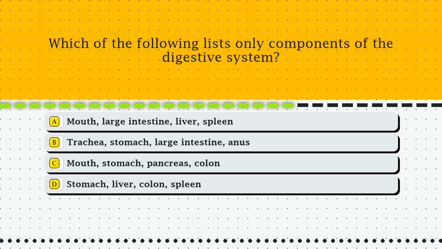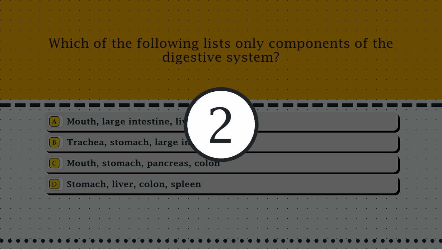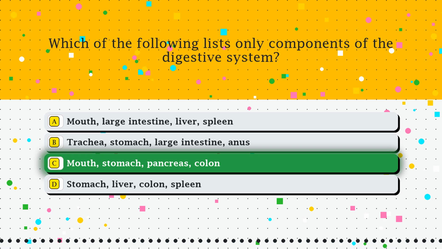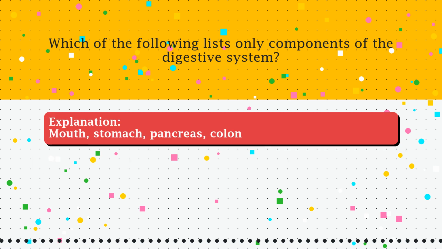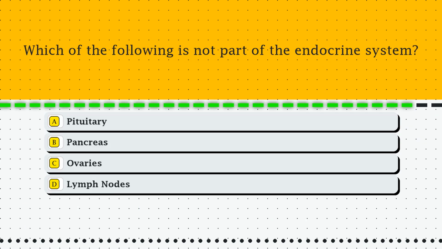Option A, mouth, large intestine, liver, spleen. Option B, trachea, stomach, large intestine, anus. Option C, mouth, stomach, pancreas, colon. Option D, stomach, liver, colon, spleen. The correct answer is option C, mouth, stomach, pancreas, colon. Question 162.